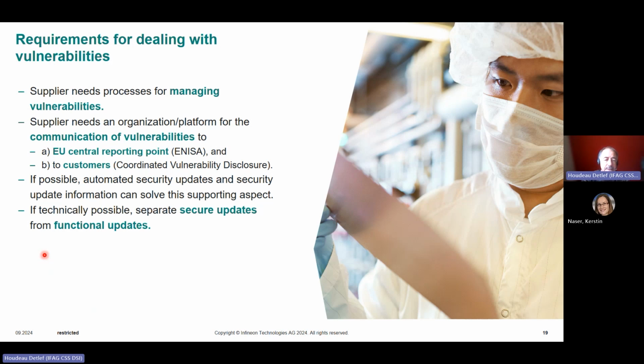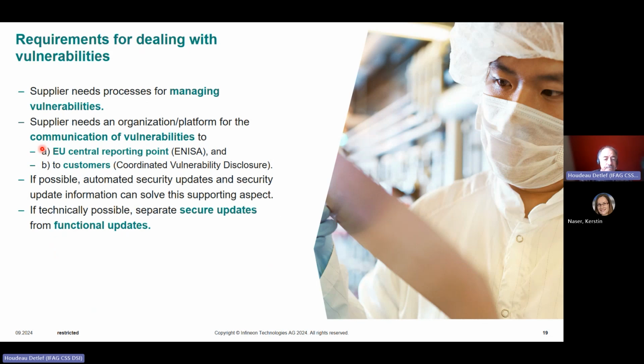One part is the European Central Reporting Point. It's ENISA, the European agency, which would be the European hub for such kind of information sharing. And this vulnerability must also be communicated to the customers, called coordinated vulnerability disclosure.